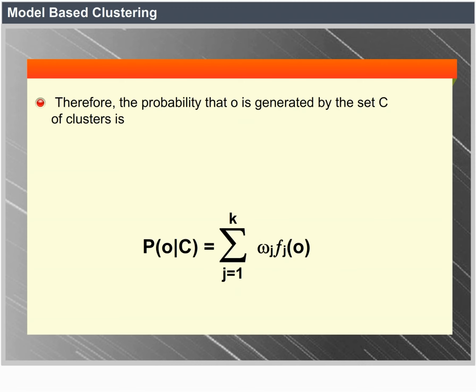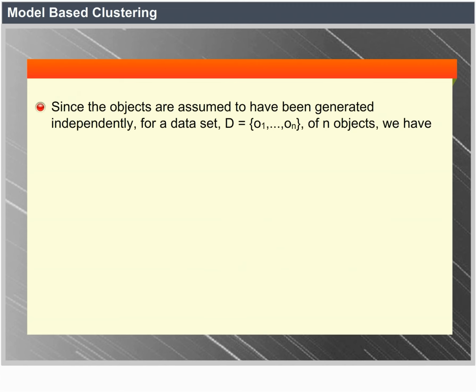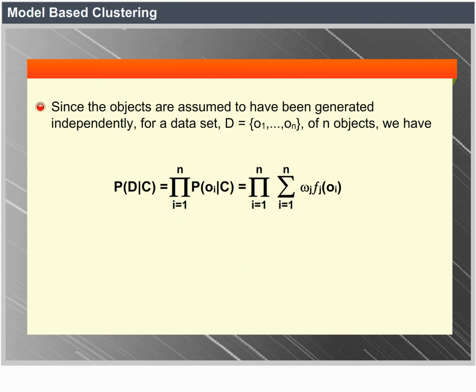Since the objects are assumed to have been generated independently, for a dataset D equals O1 going up to On of n objects, we have the conditional probability of D given C equals the product from i equals 1 to n of the conditional probability of Oi given C, which equals the product from i equals 1 to n of the summation from j equals 1 to k of omega j Fj(Oi).